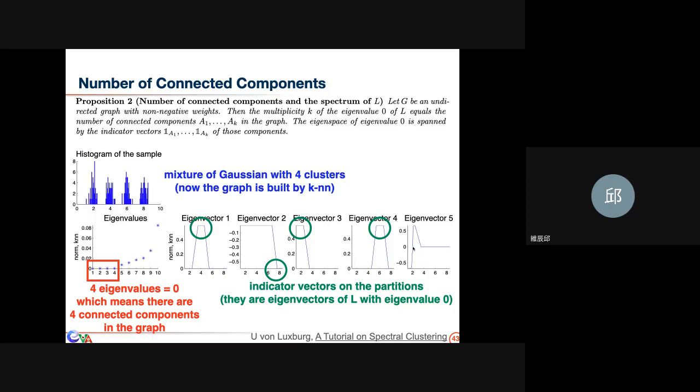But anyway, I want you to remember that the eigenvectors of the graph Laplacian matrix L are closely related to the indicator vectors on the partition.